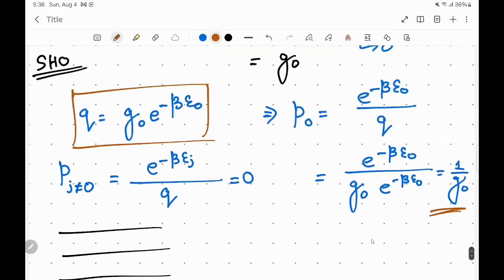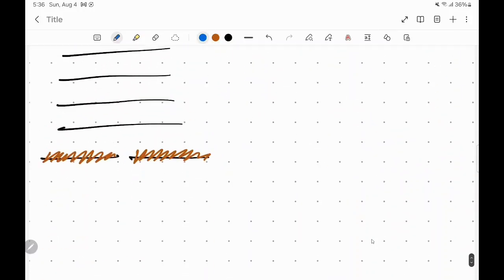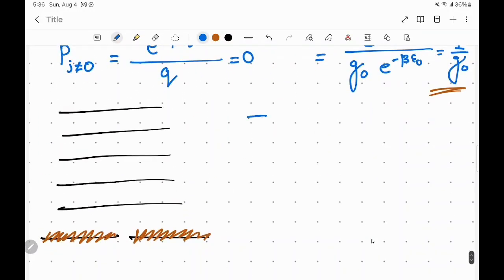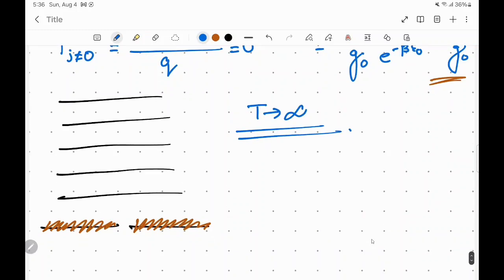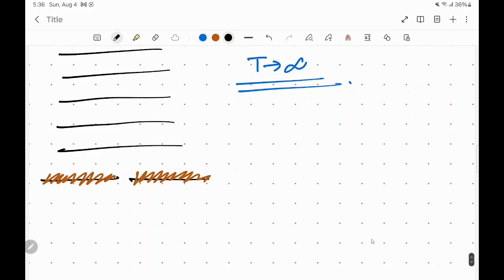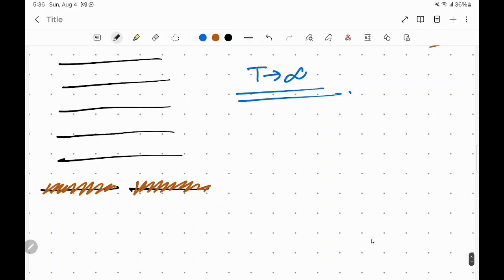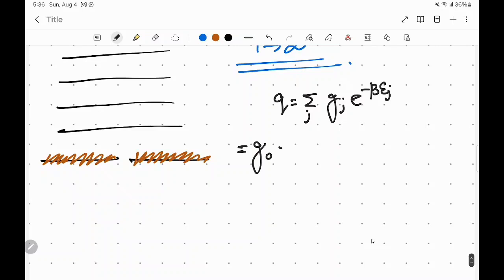Okay. So now going to T tends to infinity. All levels will get an equal amount of molecules. But what will be the numerical value? Again, you can write Q will be sum over j of Gj into e to the power minus beta Ej. So it will be G0 e to the power minus beta epsilon 0, G1 e to the minus beta epsilon 1, and so on.